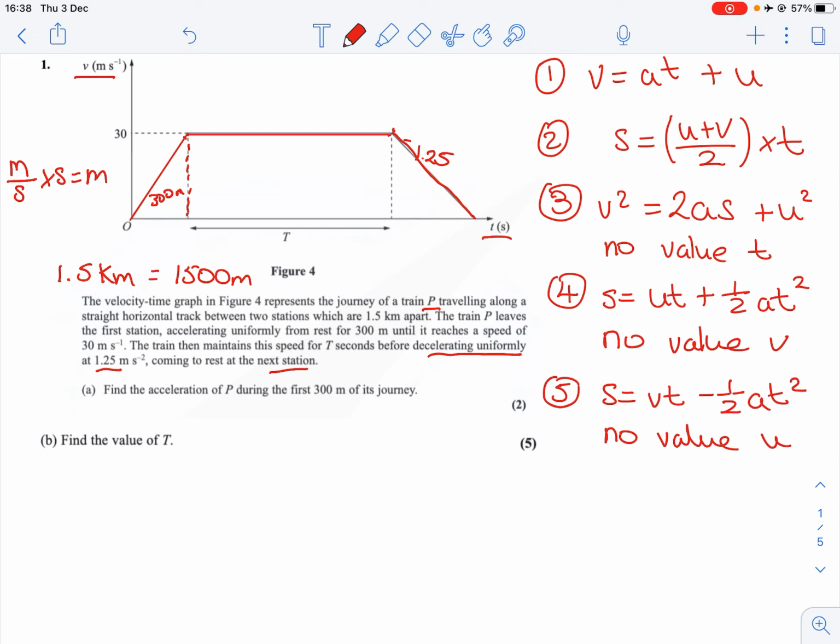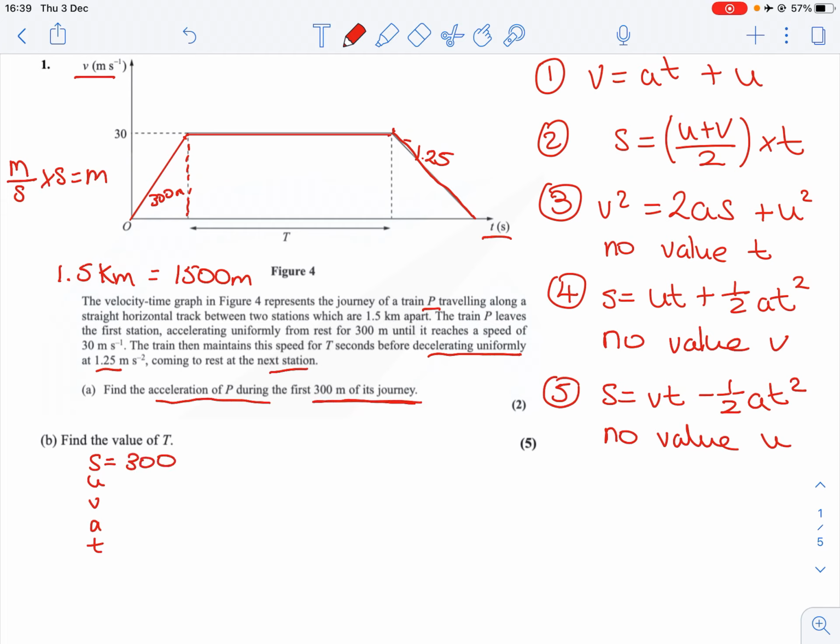So let's look at part A. Part A wants us to find the acceleration of P during the first 300 meters. When I'm answering this type of question, I always write out my SUVAT. Considering what information we have, I know the displacement is 300 meters.